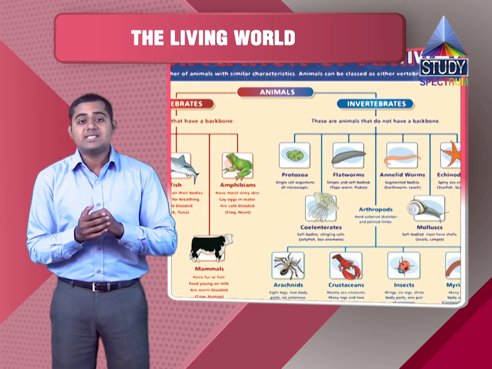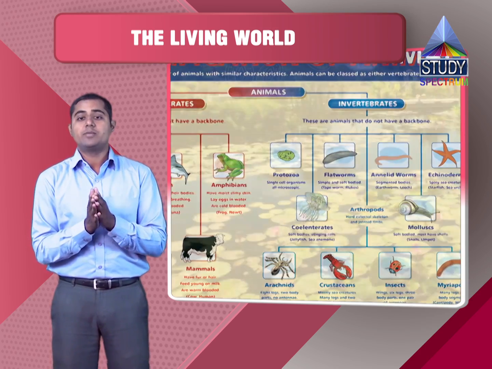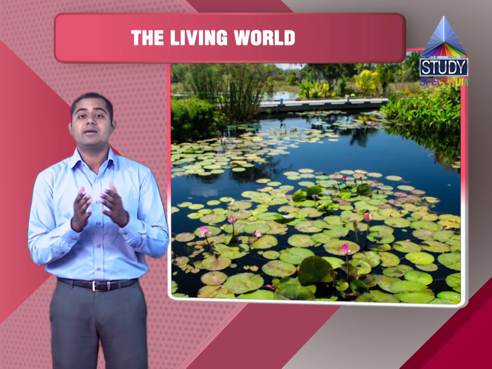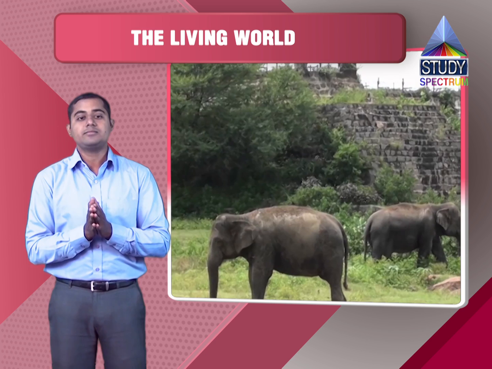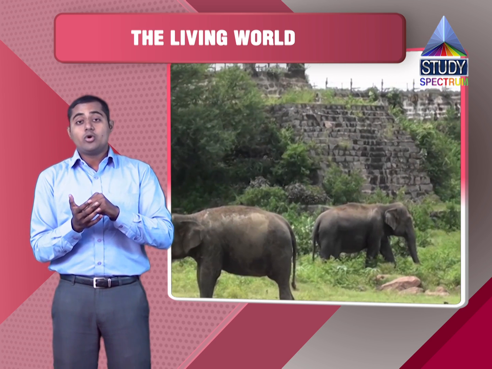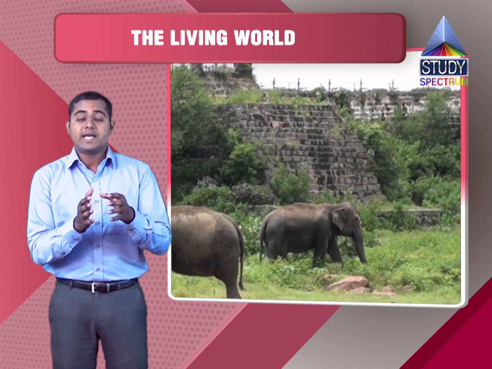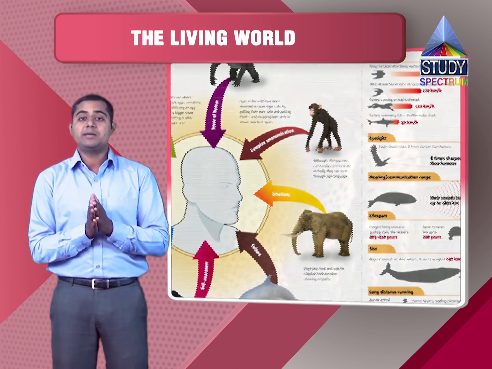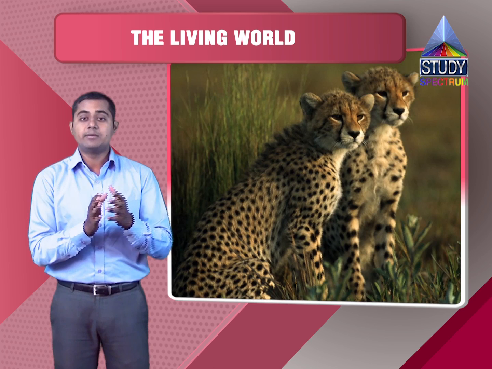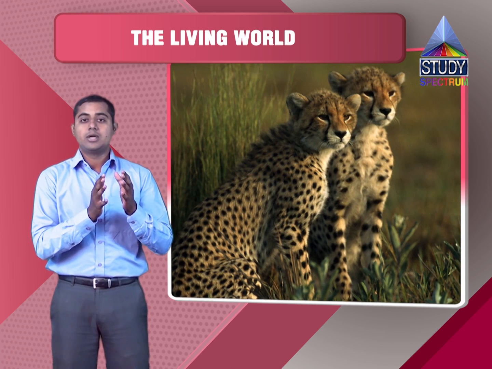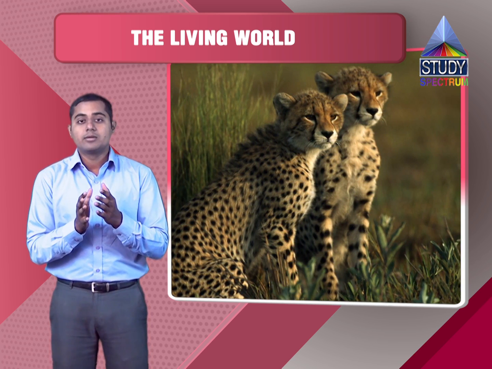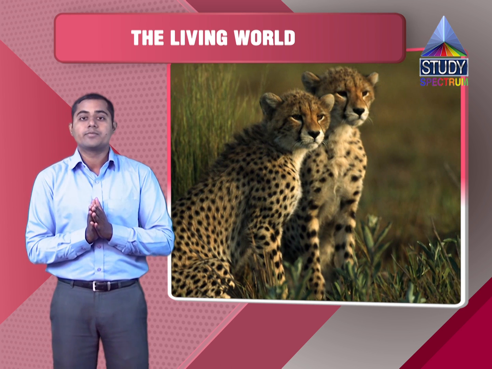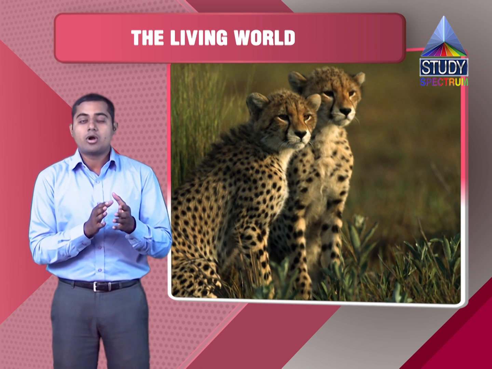Next question, illustrate the taxonomical hierarchy with a suitable example of a plant and an animal. If we go with the animal example, human being, we have already gone through kingdom Animalia, phylum Chordata, class, order.